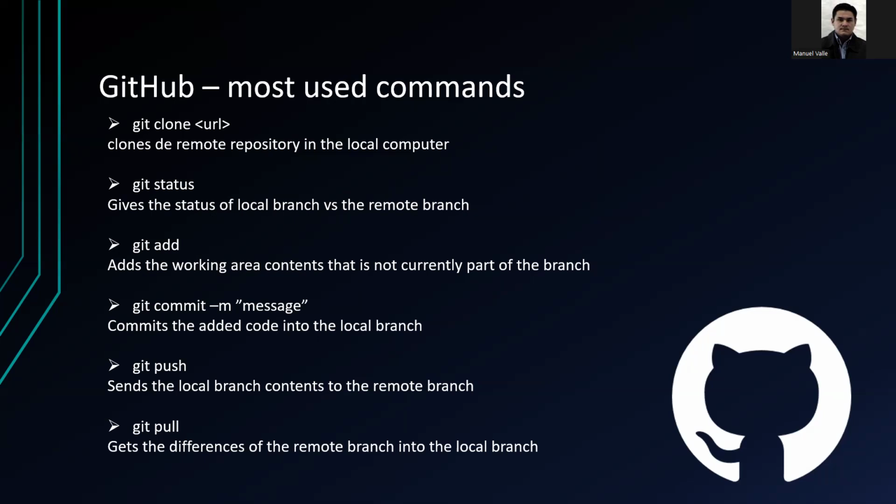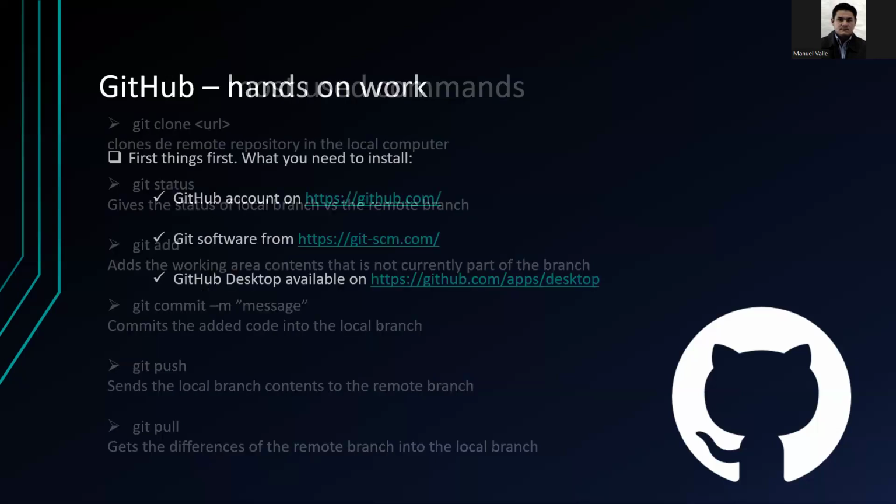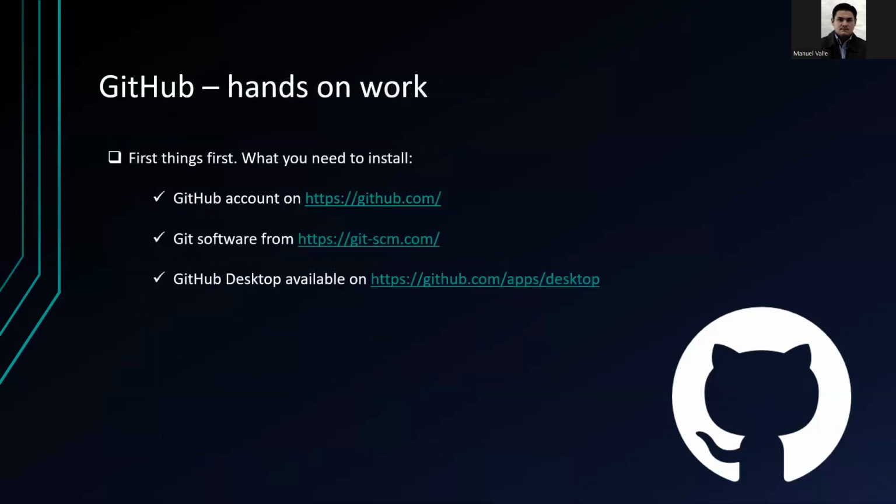Now, let's talk a little bit about the practical course. So for this, first things first, we have to install some software for being able to connect, and also we need to create a GitHub account. So in order to do that, let's move to github.com.